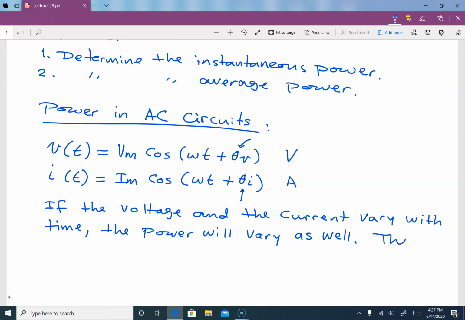The time varying power is called instantaneous power.